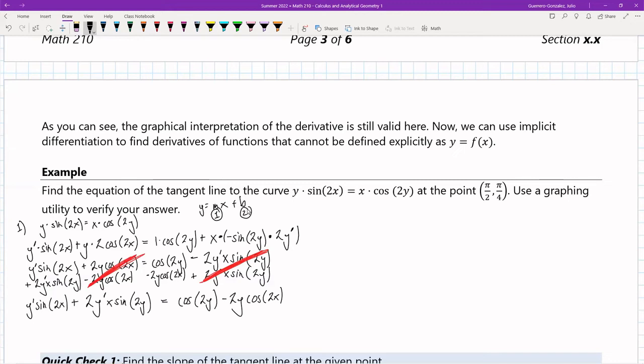Okay, so notice what I did. Everything with a y prime is on the left-hand side, and everything without a y prime is on the right-hand side. Okay, I am going to now factor out a y prime.